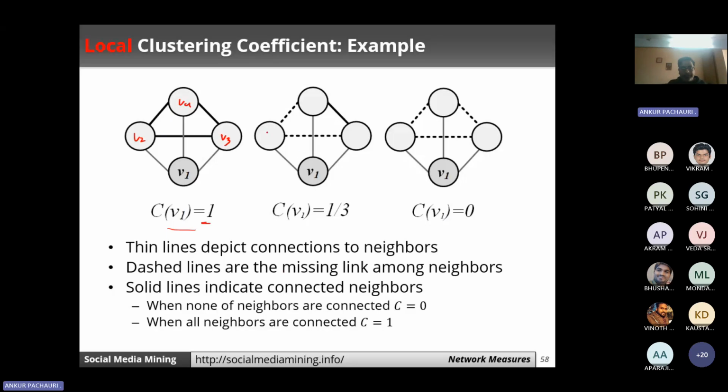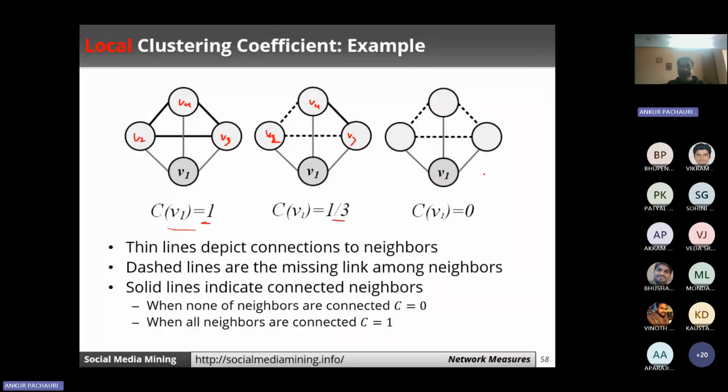So that's why the local clustering coefficient is 1. In the next case, how many neighbors are there for V1: V2, V3, V4? 3. And among them, how many are connected together? There's only one pair of nodes which has been connected. So the local clustering coefficient for V1 is 1 by 3.